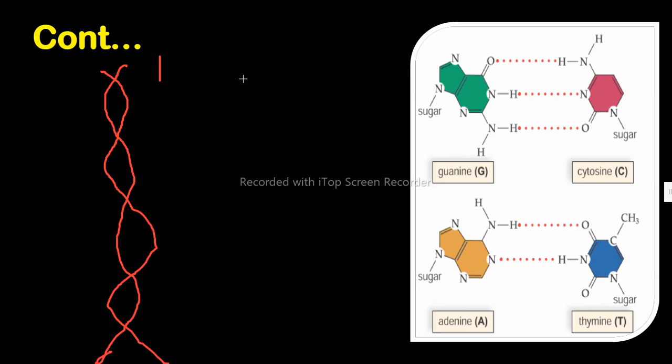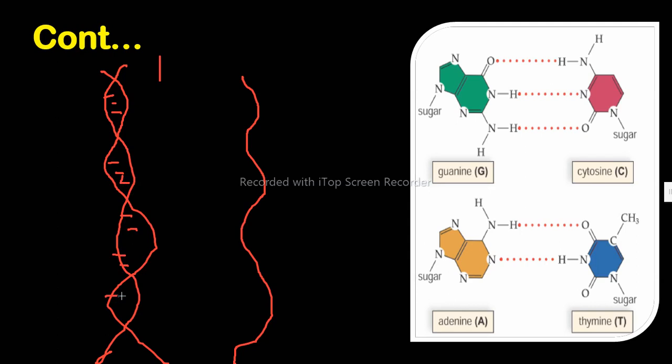But RNAs are made up of a single strand. And these are organic bases, and actually these organic bases are strong enough to bind the 2 strands close together.